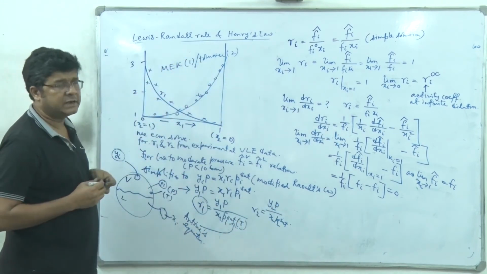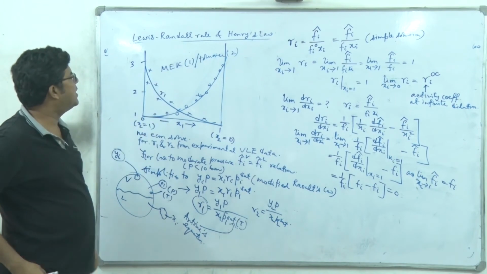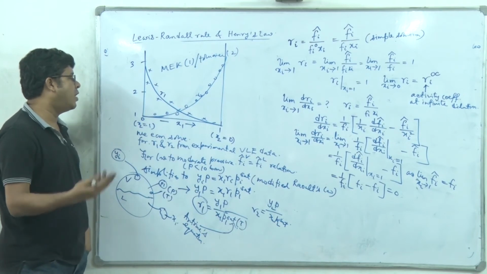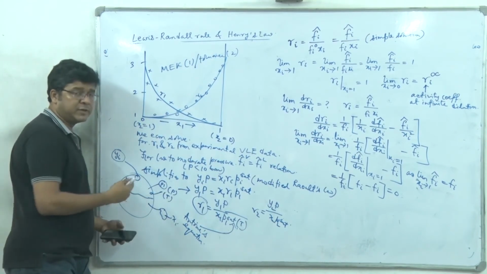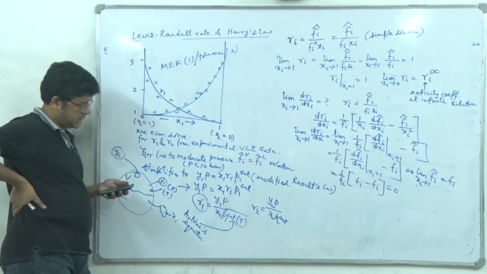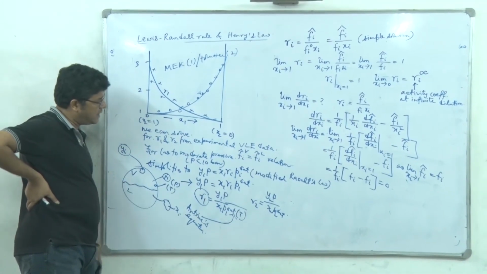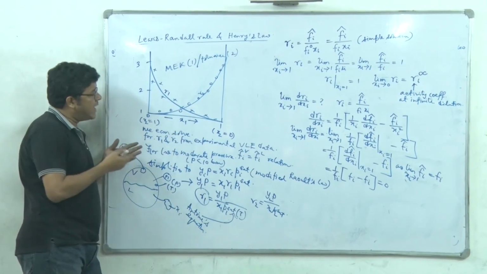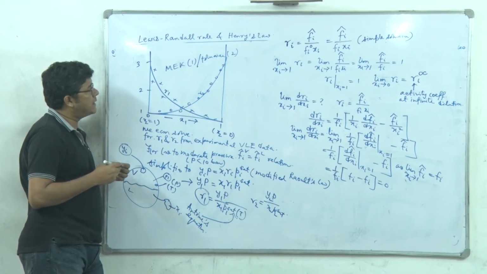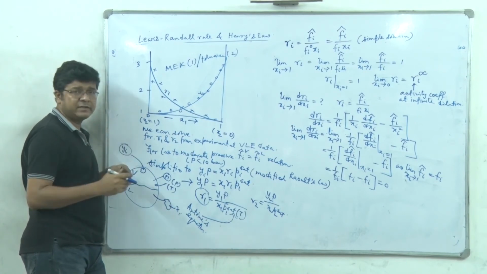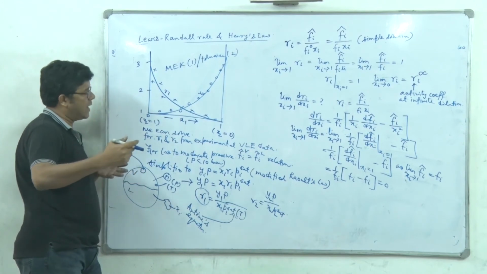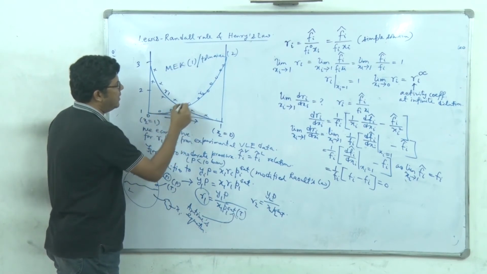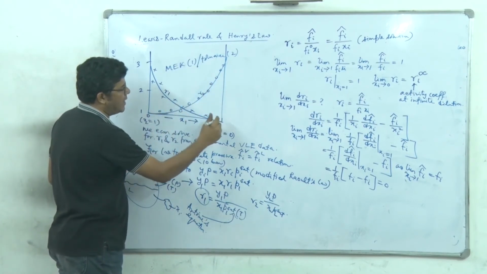So if I conduct these vapor liquid equilibrium experiments with varied composition of the feed, we can generate the values of gamma 1 and gamma 2 over the entire range of composition from 0 to 1.